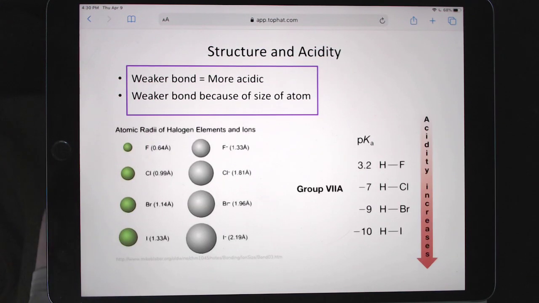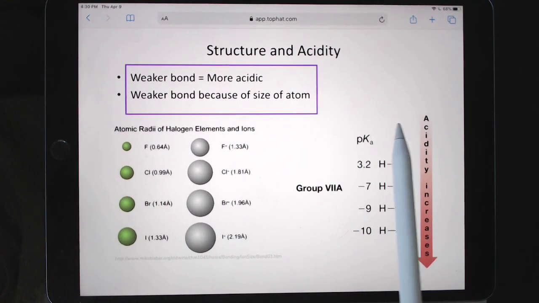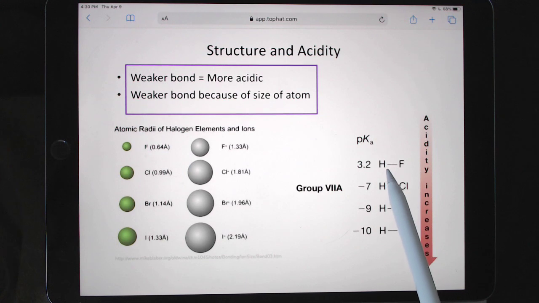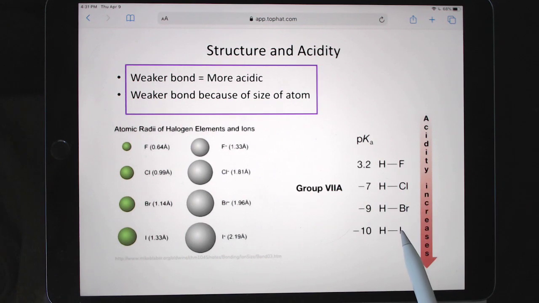Okay. Next up, we're going to be talking about acidity. There are a couple of different things you have to look at here. The first one is the atom that is attached to that acidic hydrogen: the bigger that atom is, the more acidic it is, just because it's not holding on to the hydrogen nearly as tightly.